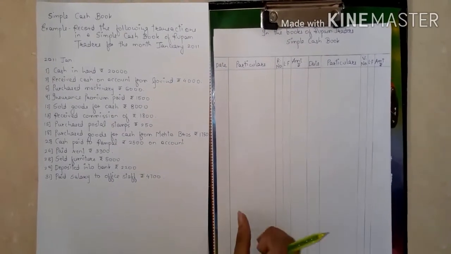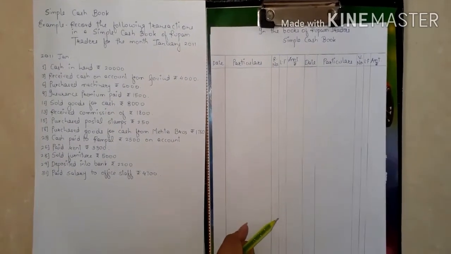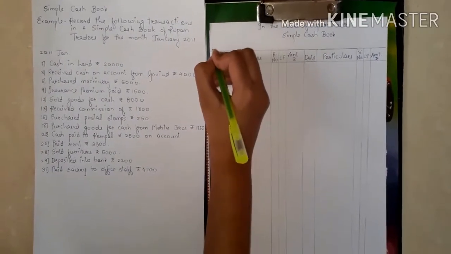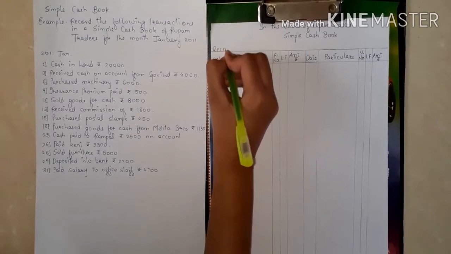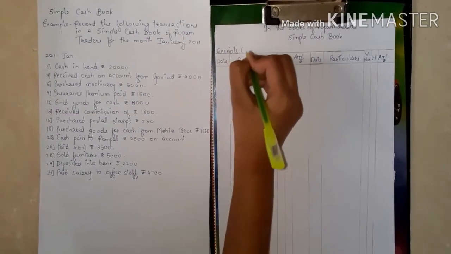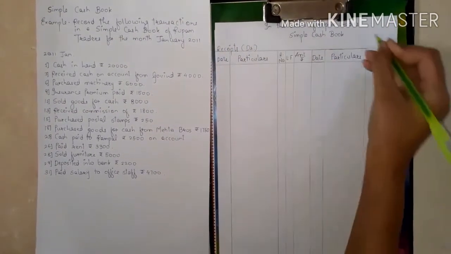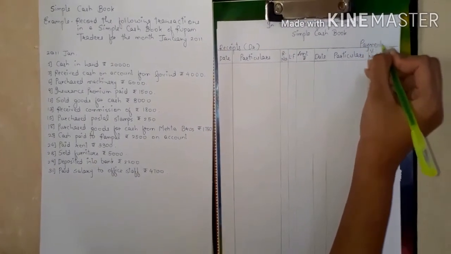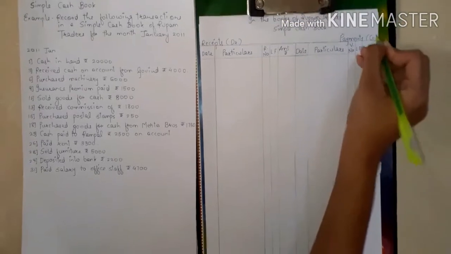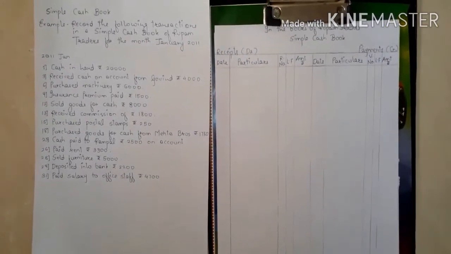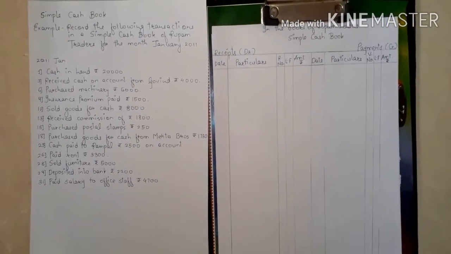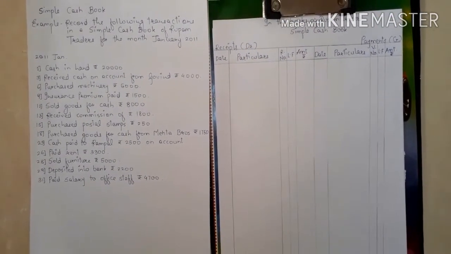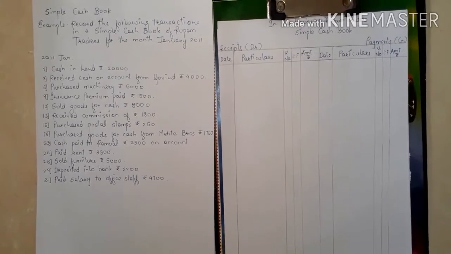So this amount we are going to write down in the receipts side. Here this column is receipts, debit side, and this side is payment side, that is credit. Now here we are introducing that last year's cash in hand in our current accounting period.